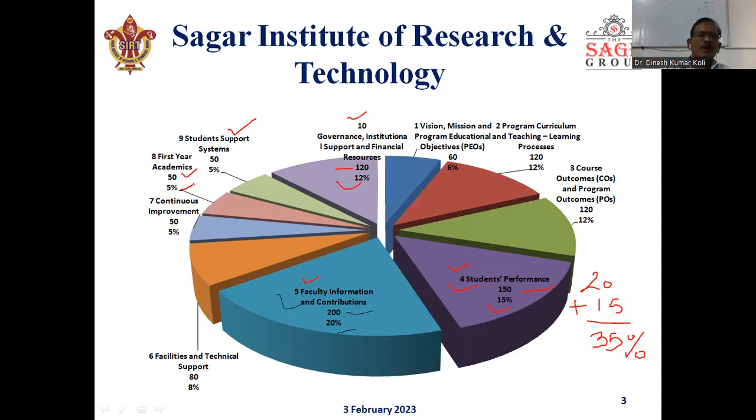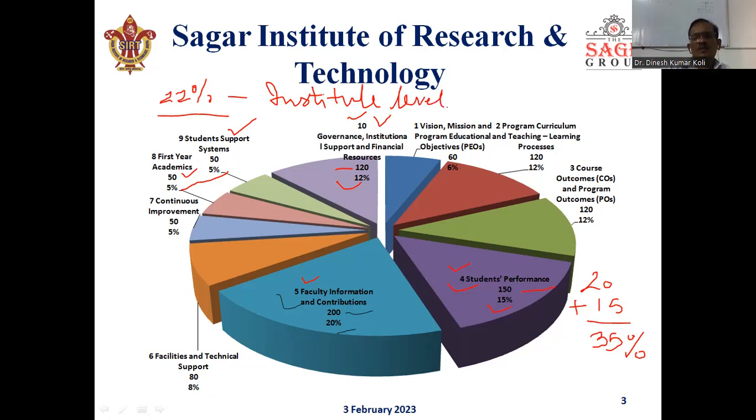So this 5 and 5%, 10%, plus 12%, so 22% is covered in criteria 8, 9, and 10, which we can say is the institute level criteria, including first year also.